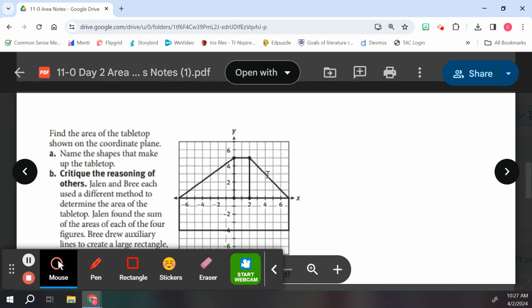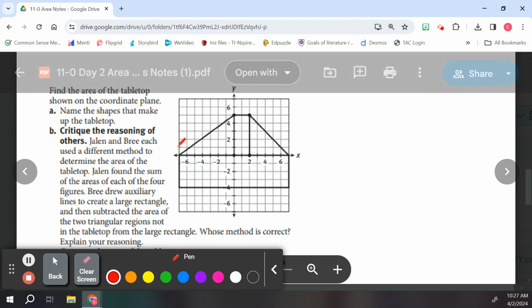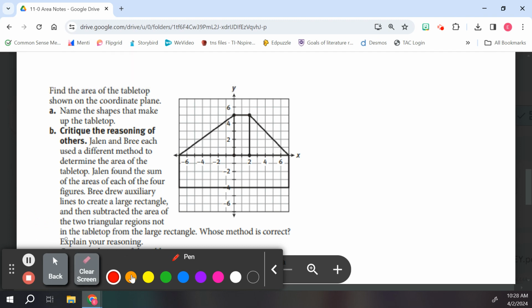All right, let's take a look at this. So it looks like this tabletop is interesting, right? So here's the shapes. We have one shape, we have two, three, and then here's our fourth shape. And we've got to find the area of each. Now, if we look at this, we have a total unit of, let's see, one, two, looks like 7 here. And this goes up to 5.